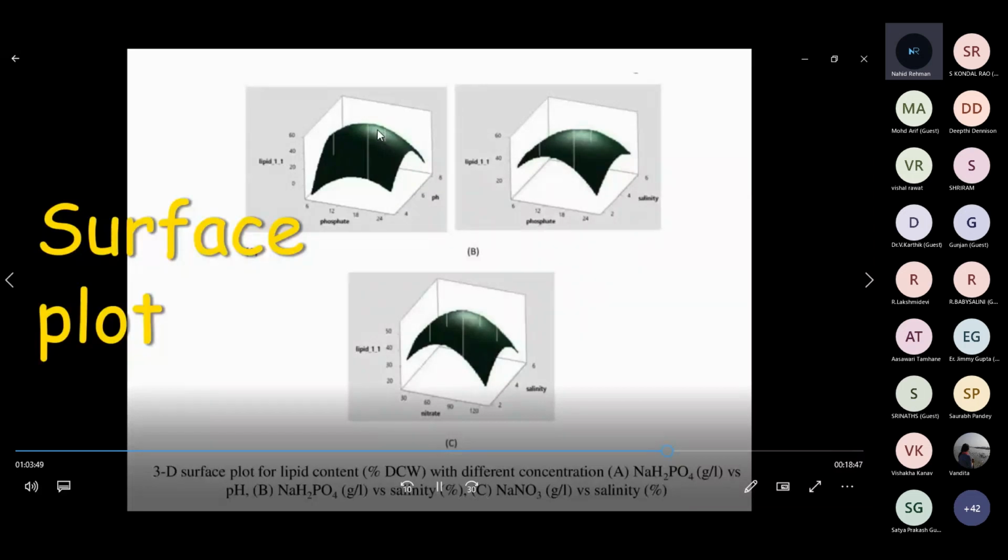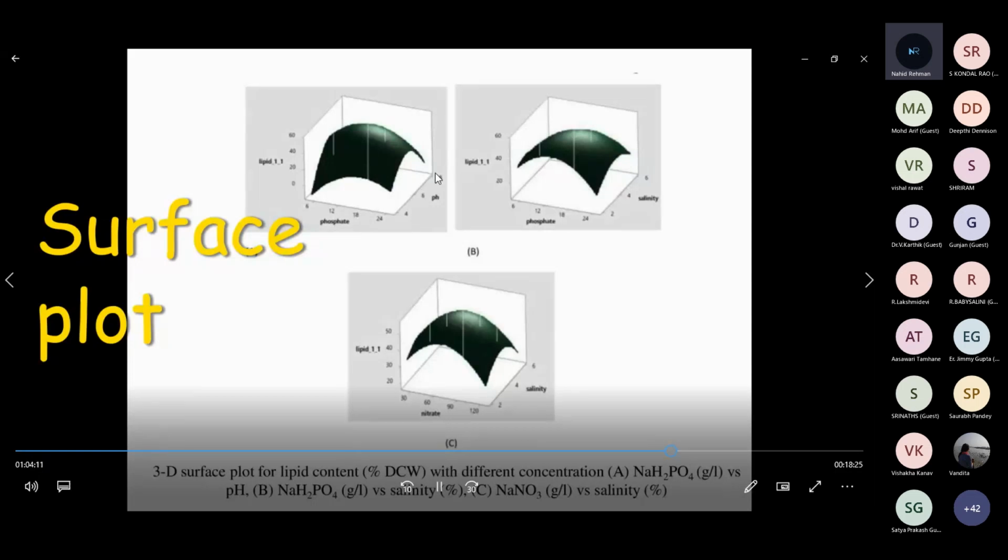Like this light region here is showing that at this pH and at this phosphate it is showing optimum. If it is showing here, you can see it is at the center, equal contribution of both the factors in controlling the lipid content.